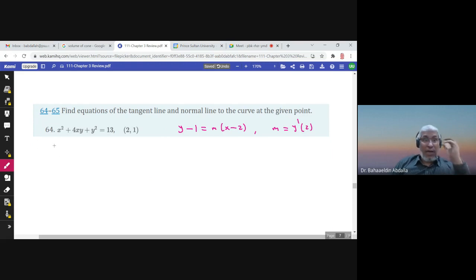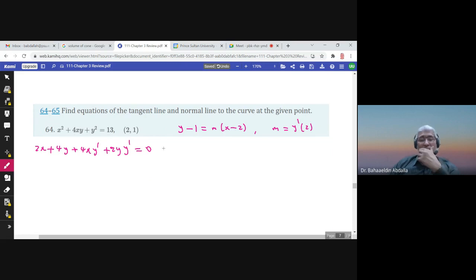So here I have implicit differentiation. The derivative of x squared is 2x. This is a product: the derivative of 4xy is 4 times y plus 4x times the derivative of y, that's y prime, plus 2y y prime equals 0.